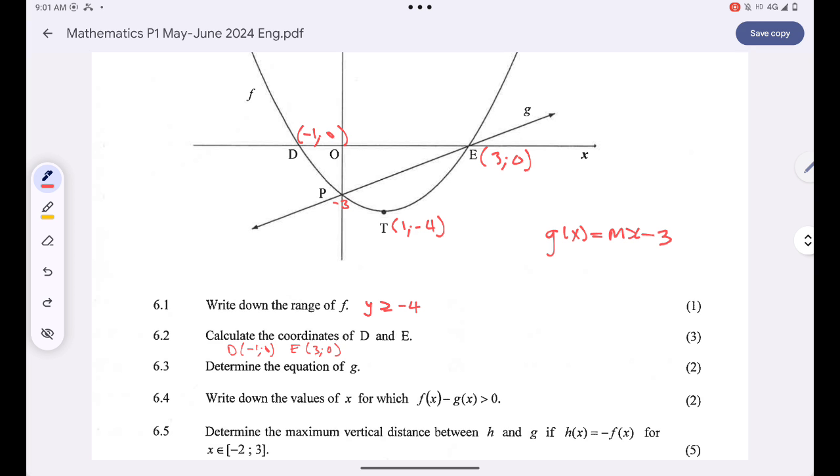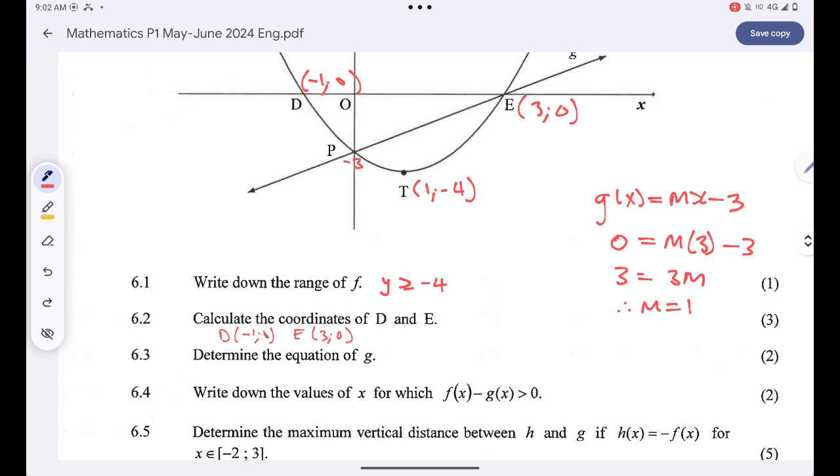For me to know the equation of the graph, I just need to find the gradient. How can I find the gradient? I can substitute any point on the graph; I'll simply take point E. I know that y is 0 whenever x is 3. And then I'll simply have 0 on the one side equal to 3m minus 3, so 3 equals 3m. Therefore, m is equal to 1.